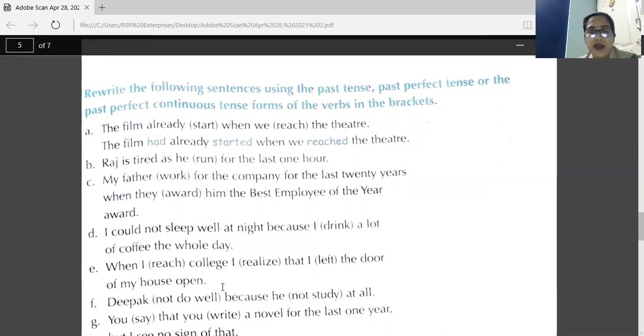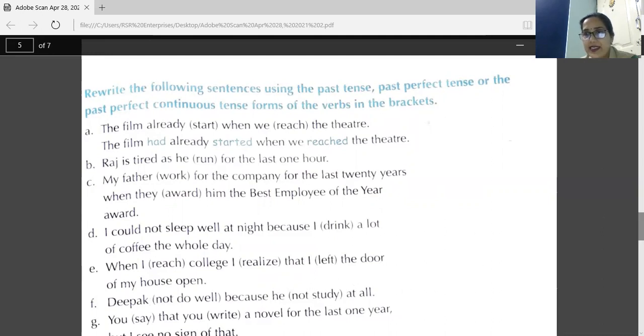So first one, when I reached college, I realized that I had left the door of my house open. Sentence F, Deepak did not do well because he had not studied at all.